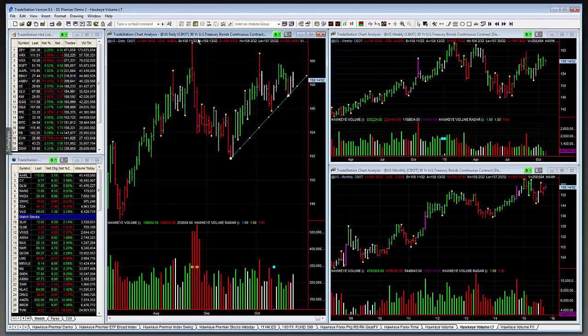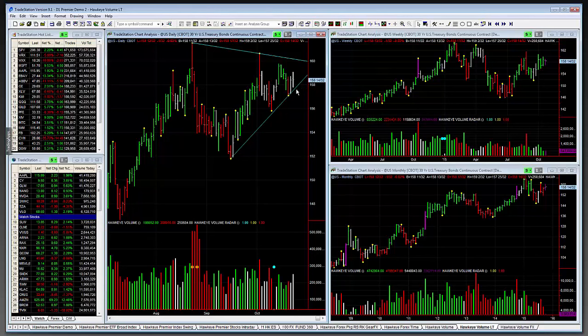But then you've got a declining wedge coming in from the top. You've got to take that into account, that you're coming into a decision point here. Which direction is this bond going to break on the daily chart?